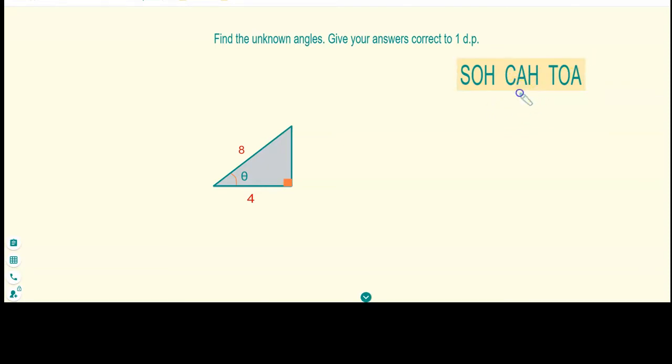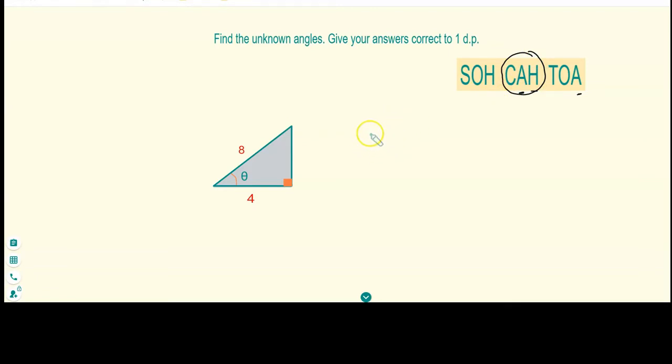You have CAH, and you have A in TOA. We also have 8, the side which is opposite the 90-degree angle, so that is the hypotenuse. Which of these functions has the hypotenuse as well? We have CAH. So CAH, or cosine, has the adjacent and hypotenuse sides given. That is the ratio that we're going to be using.